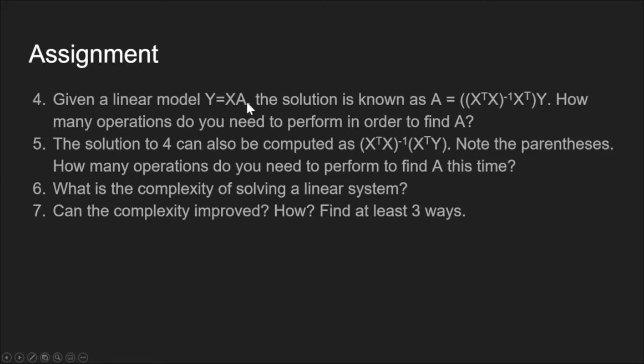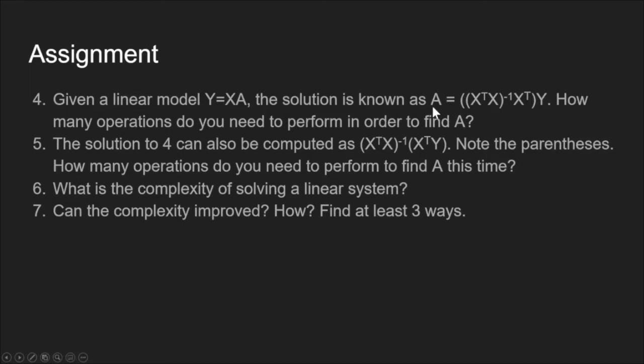And then the solution for that equation is known as a equals (X transpose X) inverse times X transpose times Y. Okay, so that's the solution that is known to this equation over here.